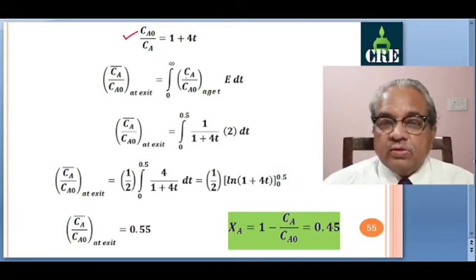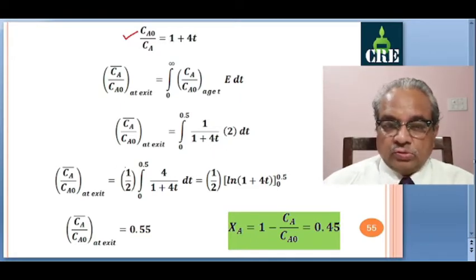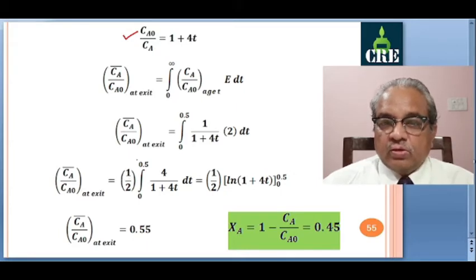So again in this equation, if I substitute this Ca by Ca0 as 1 by 1 plus 4T, now E is equal to 2, and this Ca bar by Ca0 at exit we can write as, now here in the denominator, I want the numerator as the derivative of the denominator, so it should be 4.